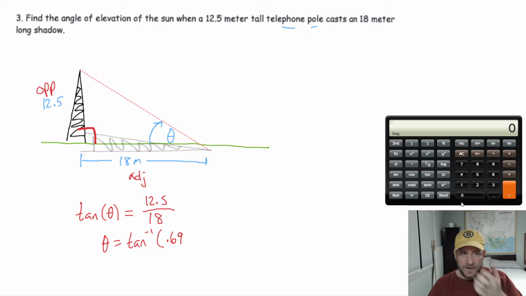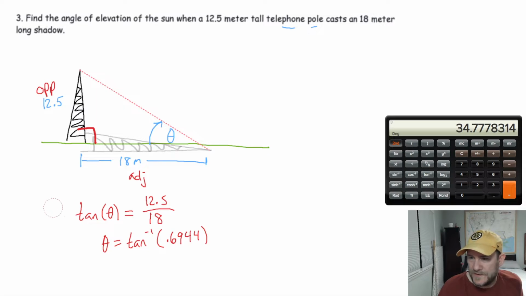My bad. All right, so 12.5 over 18. Yeah, 4444. That's what I thought. So that's what we're doing. We're just doing the inverse tangent of 0.6944. And I forget what that gives us. 34.78.